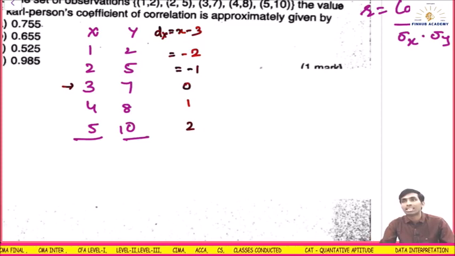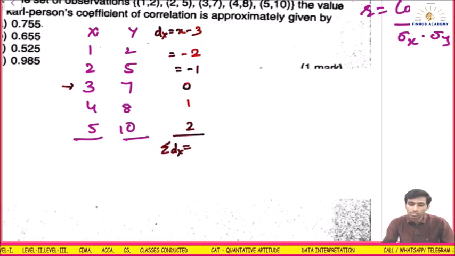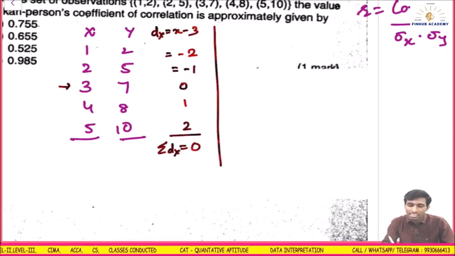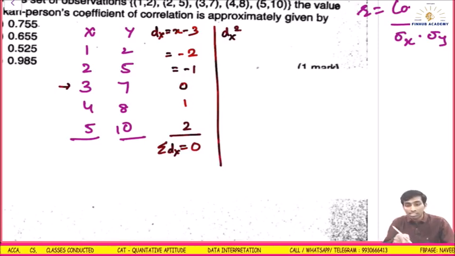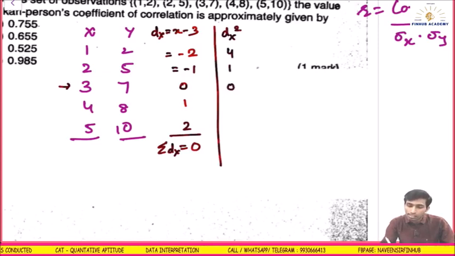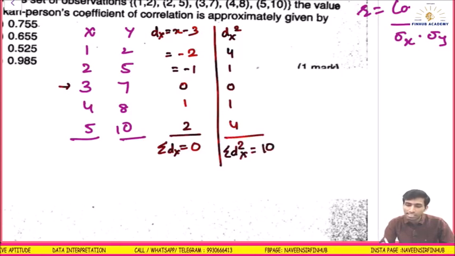Okay, this is called summation dx. Summation dx is equal to 0. In the same way, I will calculate the square of this. Now this is my dx, I will have to calculate the square of this. So 4, 1, 0, 1, 4. Summation d square x is equal to 5 plus 5 is 10.